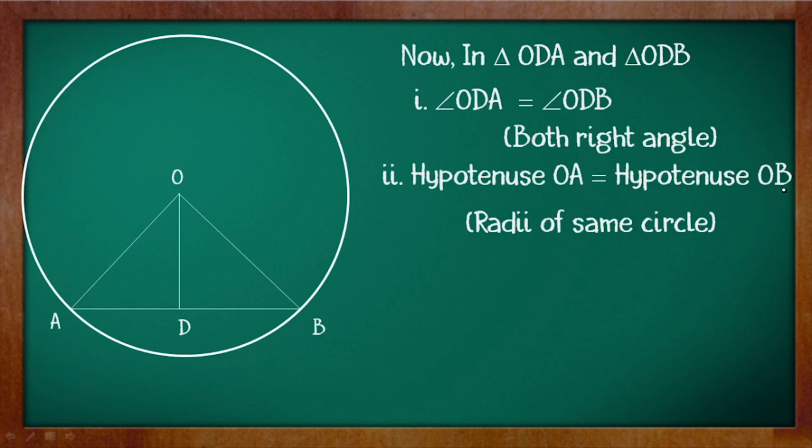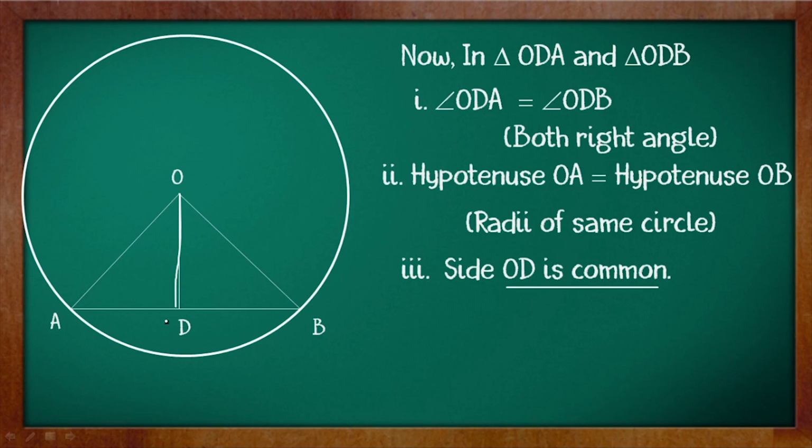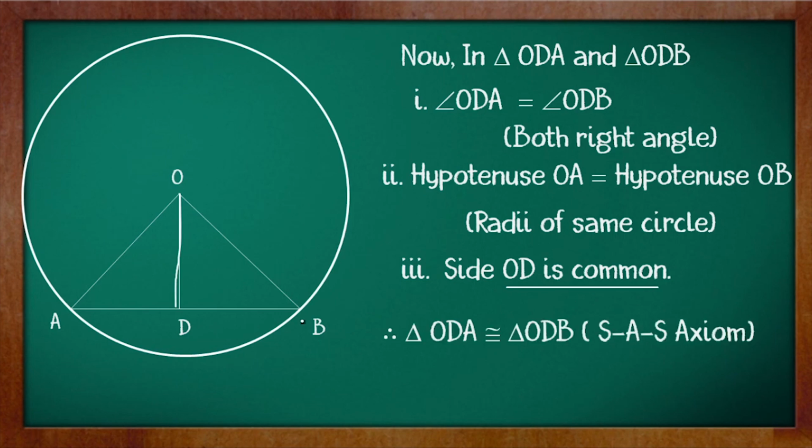And finally, what we can see is that OD is common. So this line segment OD is present on both the triangles. So OD will be equal to OD because they are the same side. So side OD is common. Therefore, what we can say is that triangle ODA, this triangle here, and ODB, this triangle here, are congruent. And what do we mean by congruent?